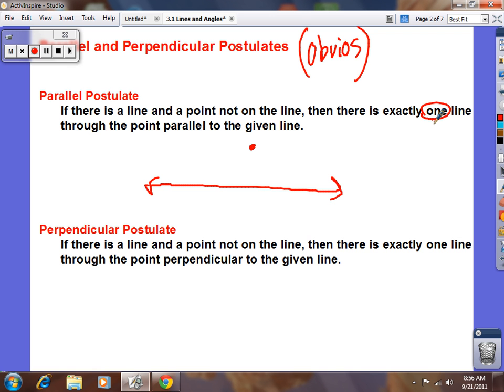So the criteria is it has to go through this point and it has to be parallel to this line. So it's going to look just like this, like your train tracks, like you said earlier. And this postulate says that's the only scenario that exists. There cannot be any other line that goes through this point and at the same time is parallel.